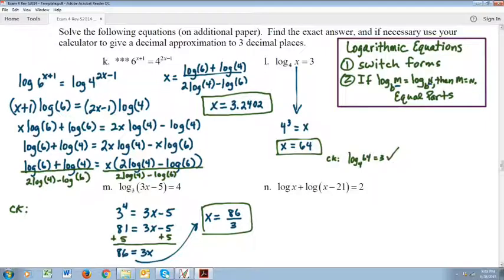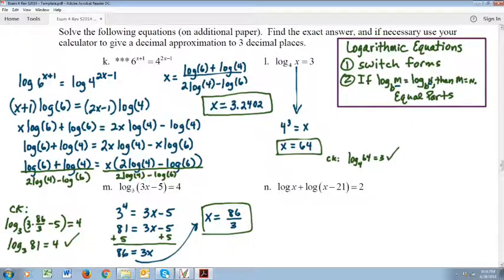And to check this, we could plug that 86 over 3 in. 3 times 86 over 3, that's just 86. Minus 5 is 81. And it is true that log base 3 of 81 equals 4, because 3 to the 4th power is 81.